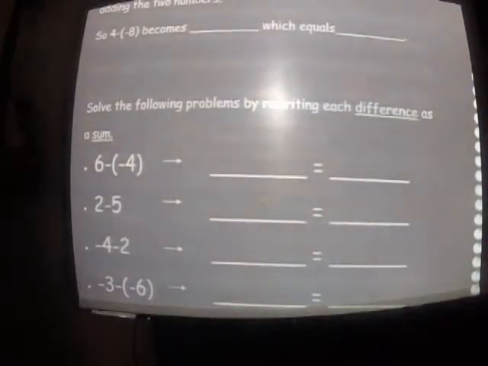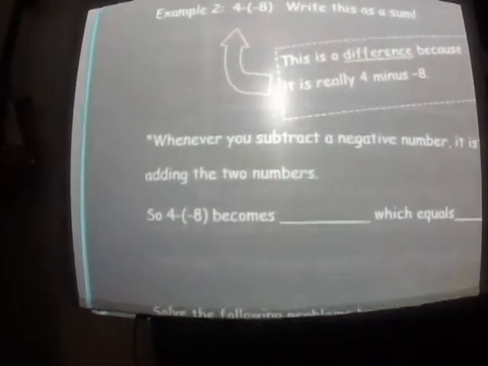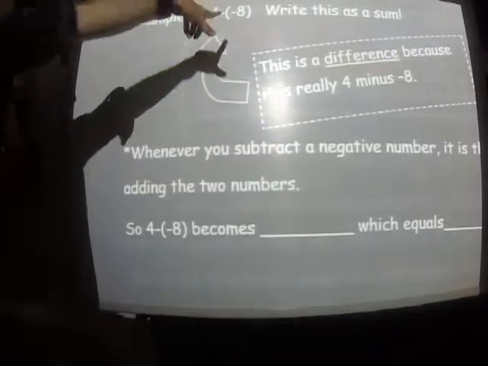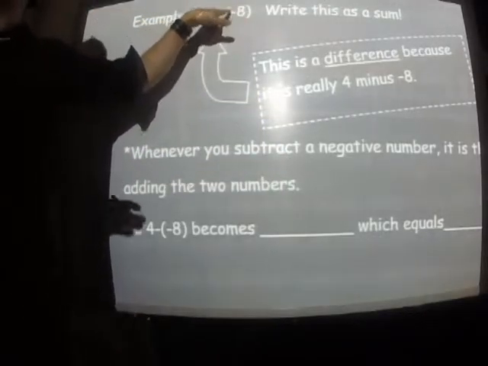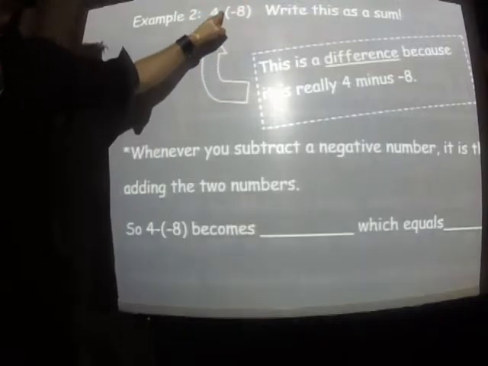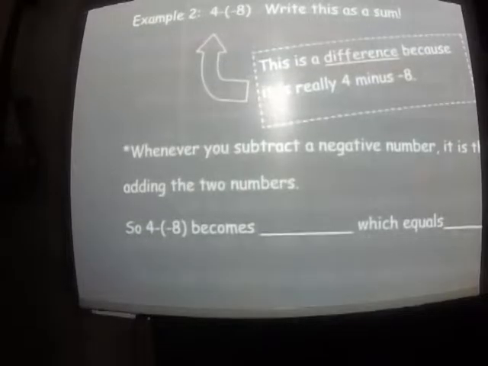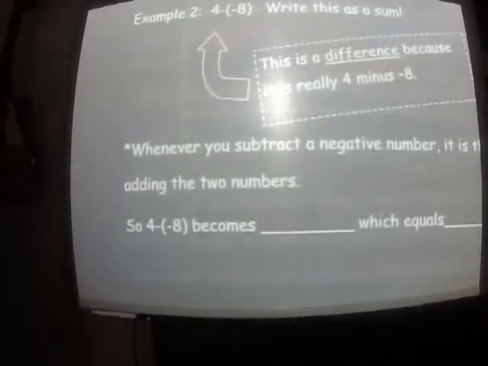All right, let's go to the back side. Here you're going to have one where you have a difference, but it's a little bit funky because it says 4 minus -8. It's a situation where you got the minus and the negative already next to each other. It's a difference because of this. But whenever you subtract a negative number, it's the same as adding.